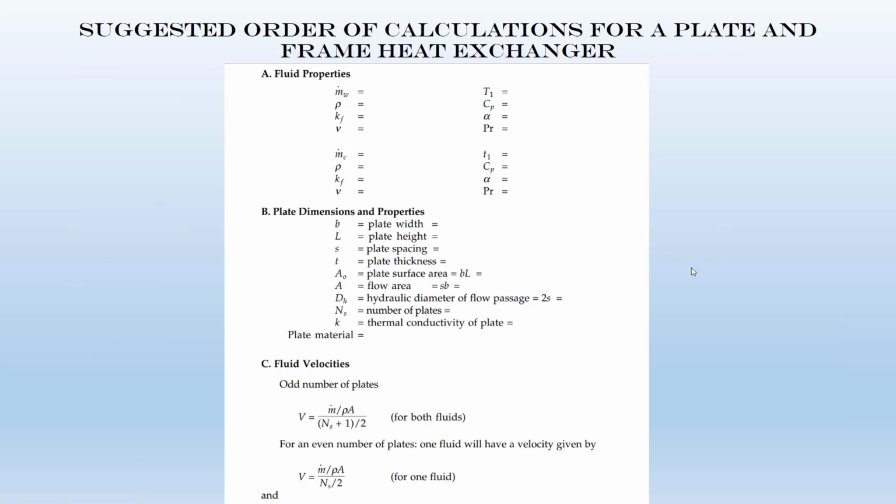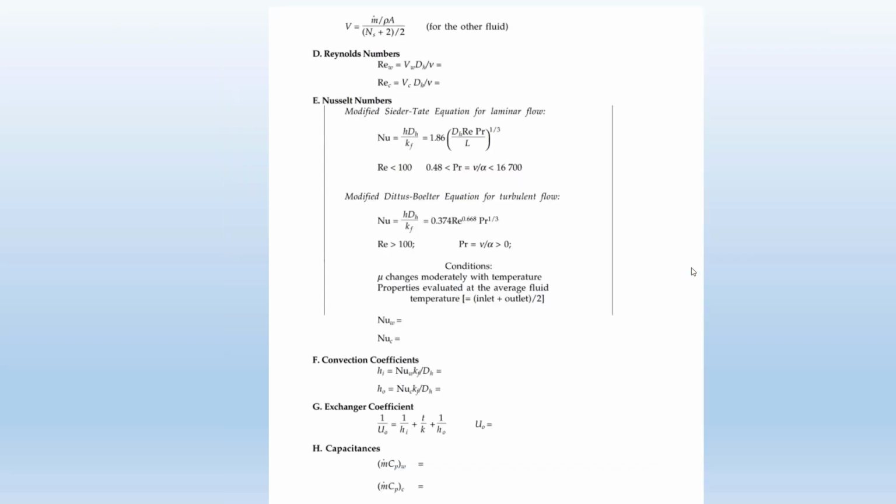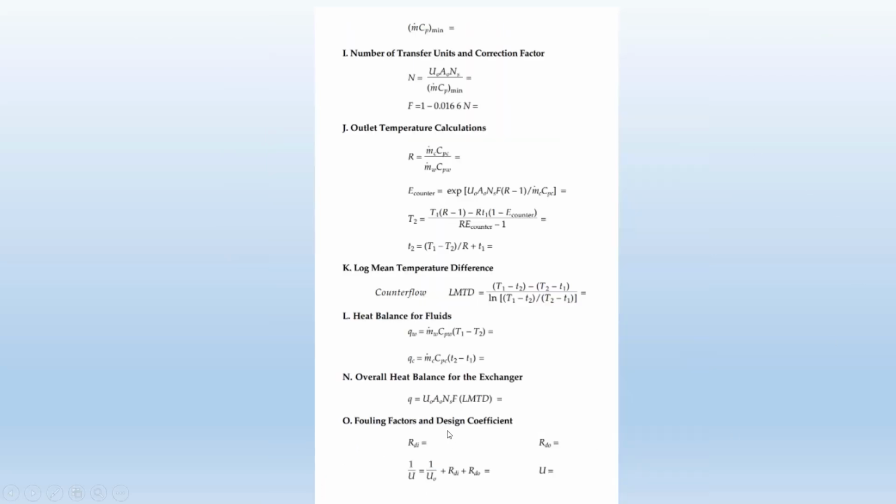Here you can see, guys, the different steps to design a plate and frame heat exchanger. You need to find the thermophysical properties. You need to find the plate dimensions. You need to find the velocities. Then by having the velocities, you can find the Reynolds number, and then Nusselt number, the overall heat transfer coefficient, and then you can find the exit temperatures.